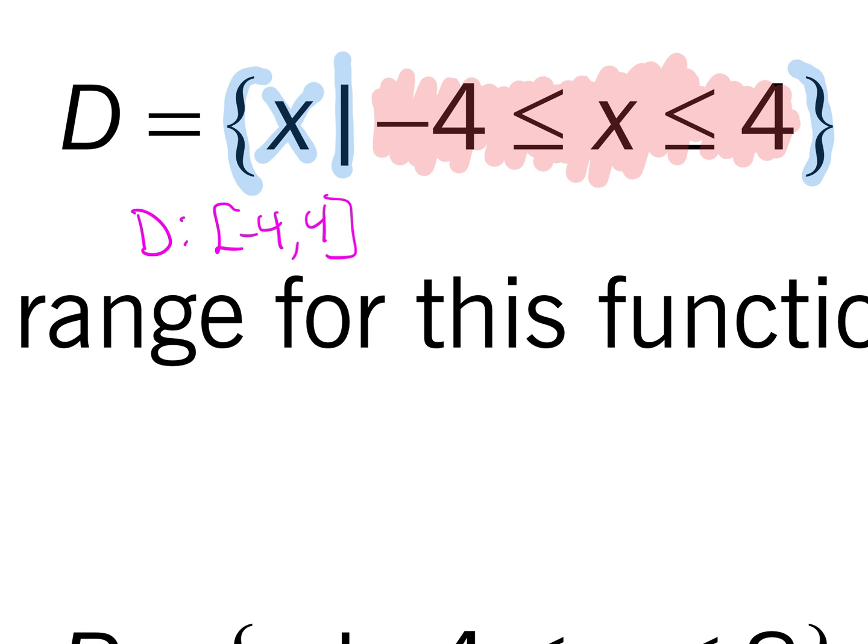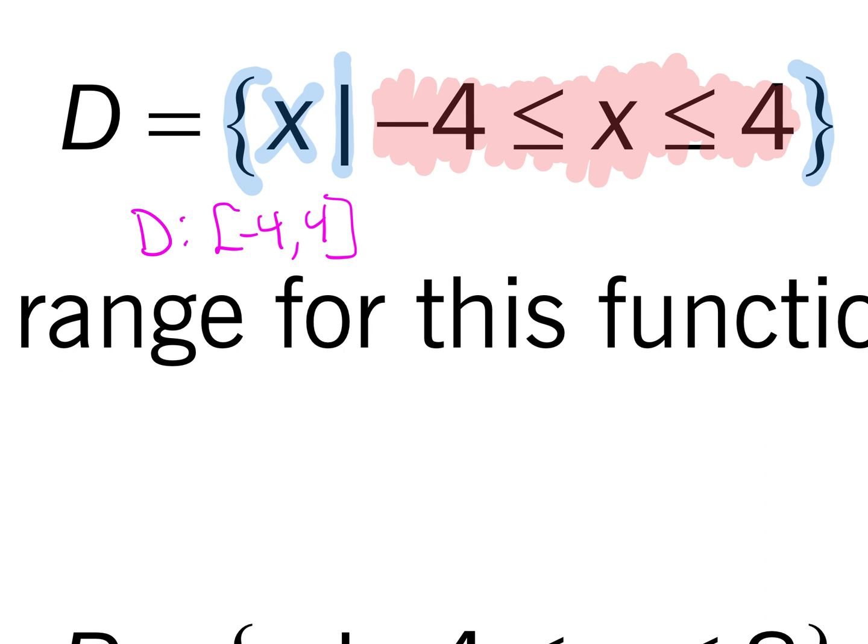You use square brackets to say that it can be exactly -4 and exactly 4, and you always write the lowest number first and the highest number second. So you just write square bracket -4, comma 4 square bracket.